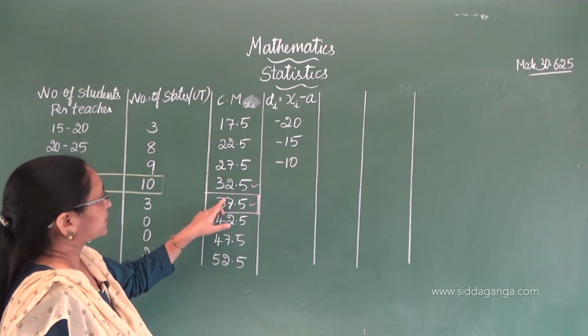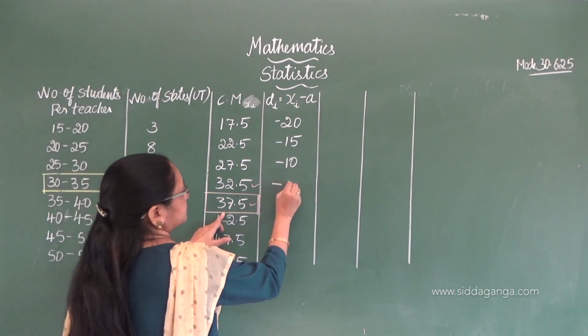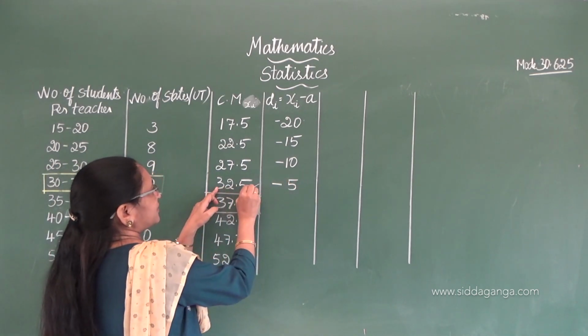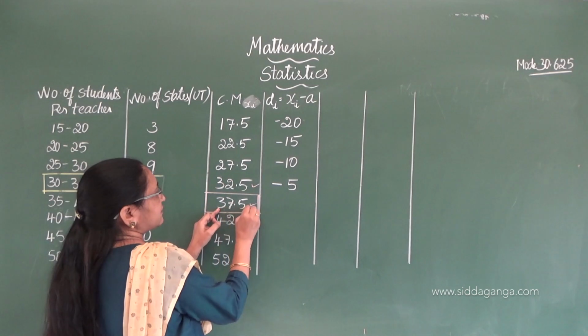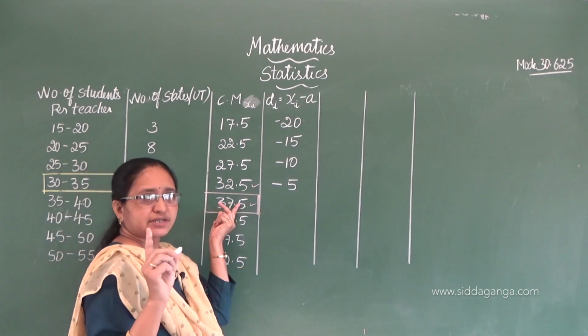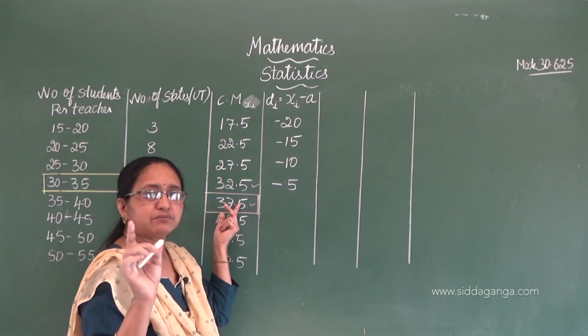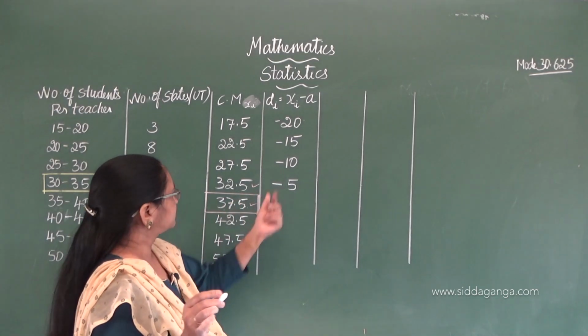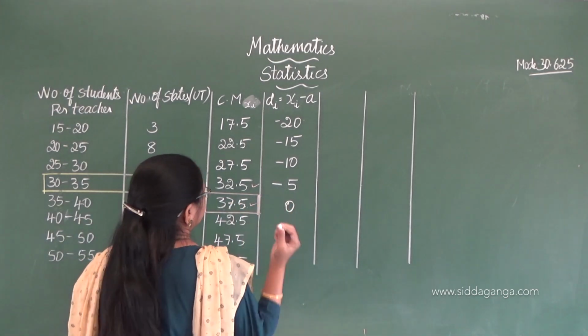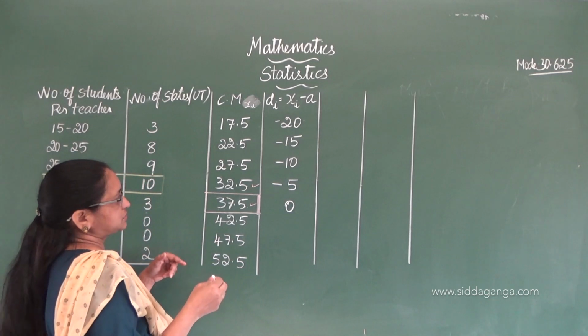Next here, minus 5, correct? 32.5 minus 37.5. So the greater number will have the minus sign. So negative. So here 0. Next, of course, it will be positive terms.